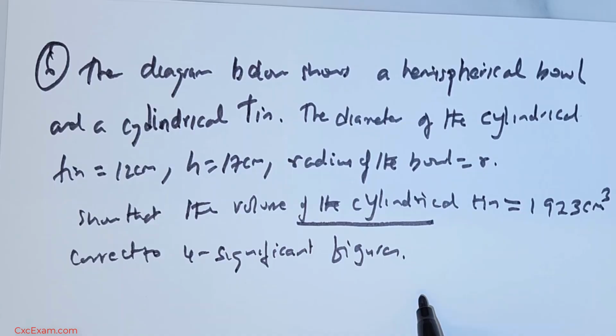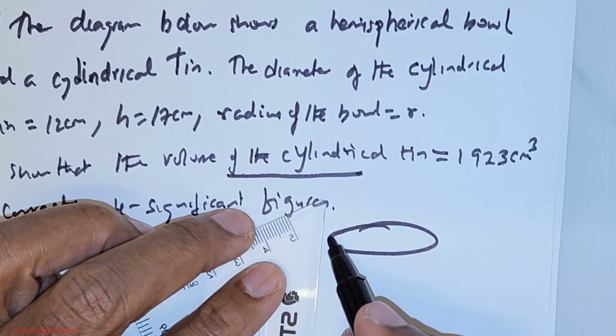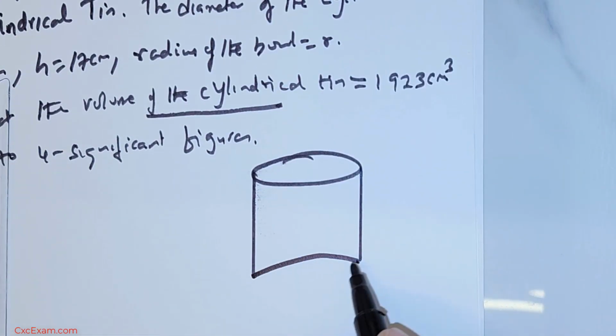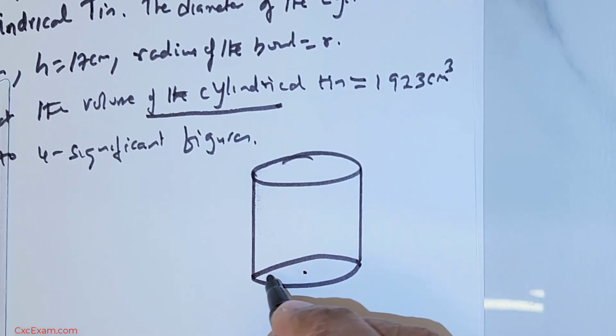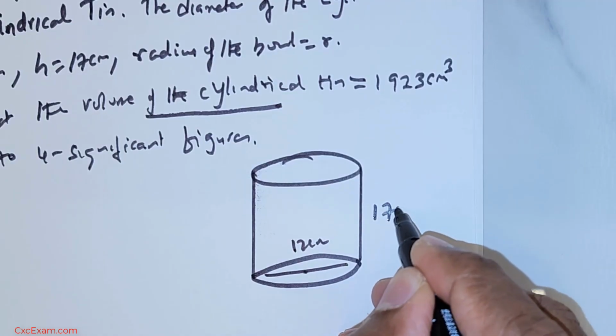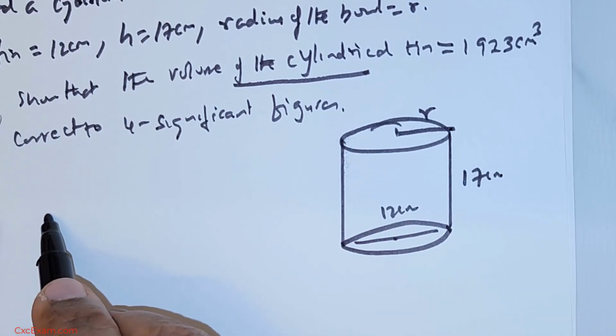So let me draw the tin. So this is the tin, and we have the diameter. This entire diameter is 12 cm, the height is 17 cm, so this is the radius.